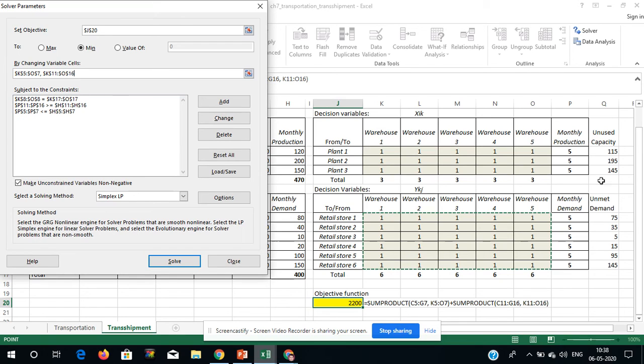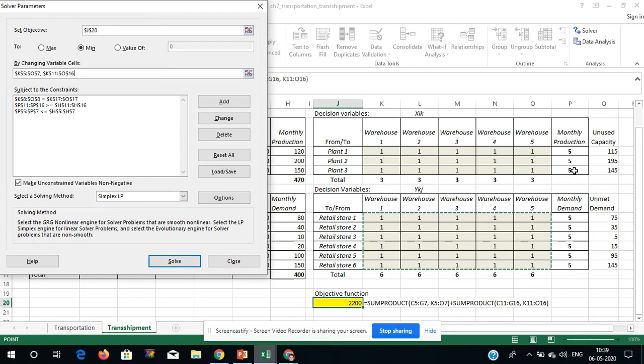Second is our total production here, P11 to P16. This has to be more than or equal to H11 to 16 here, and our P5 to P7, which is the production.